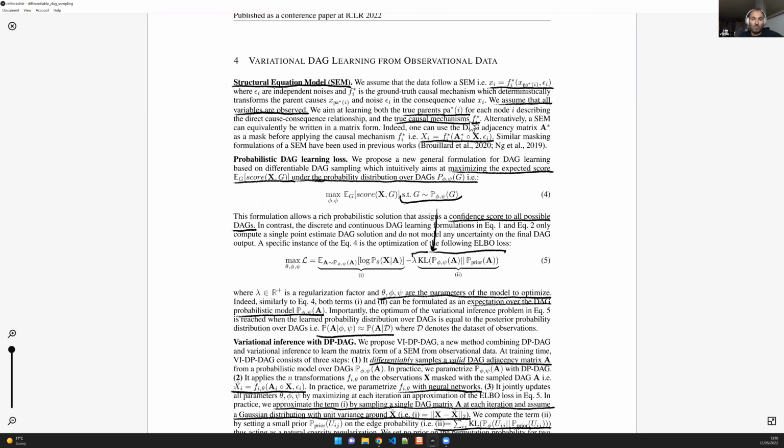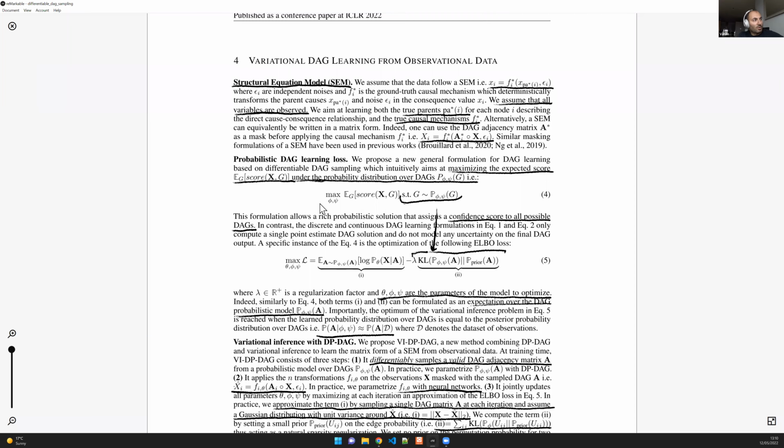Both of these we aim to learn, and then we write this as an optimization problem again by maximizing the expected score over all DAGs subject to the prior distribution, the probability distribution over all DAGs.